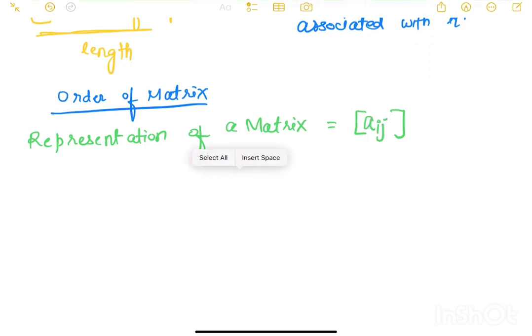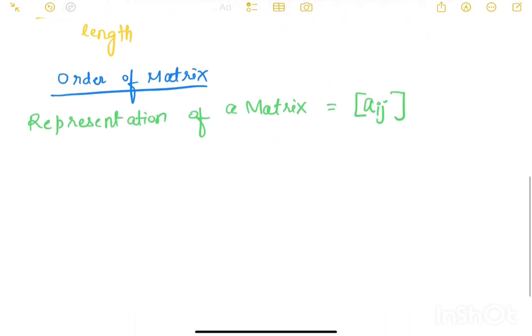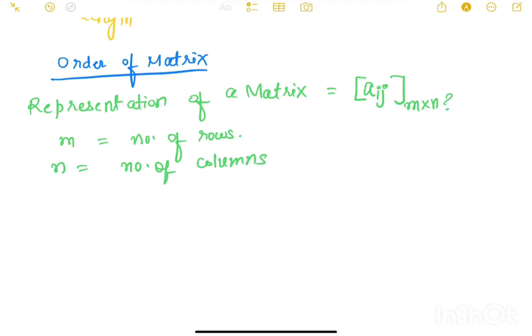Basically, if I were to go through this matrix, A, B, E, C, D, F, these are the elements which we denote as Aij, and in the subscript we write M cross N. Now what is this M cross N, right? This might be the next question that must be coming into your mind. So M is the number of rows and N is the number of columns in the matrix.